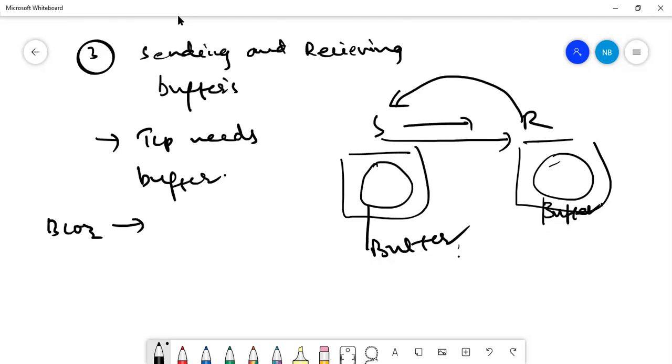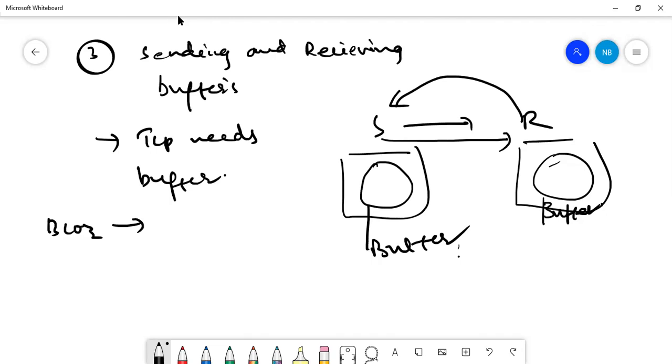The speed at which data is written onto the stream of bytes and the speed at which it is read by the receiver is not the same. So we need to temporarily place that data into some kind of space that is called a buffer.